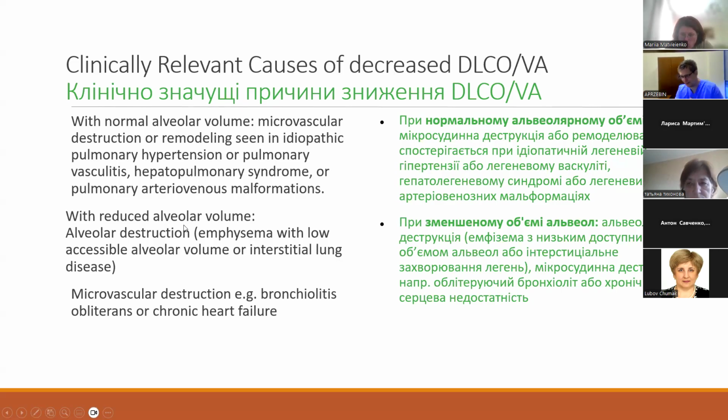With a reduced alveolar volume, you have destruction, which can occur in interstitial lung diseases or in emphysema with low accessible alveolar volume, so that's like with air trapping. And then finally, things like microvascular destruction in bronchiolitis obliterans or chronic heart failure.